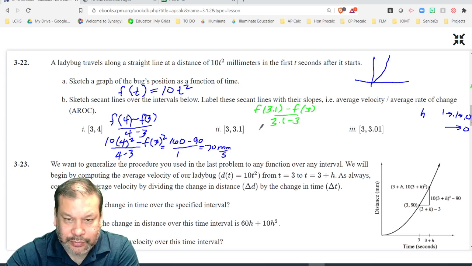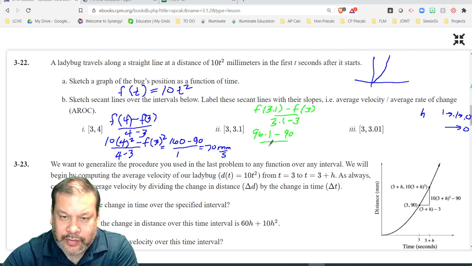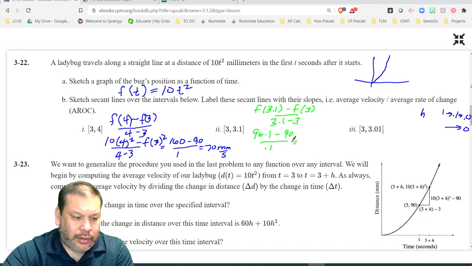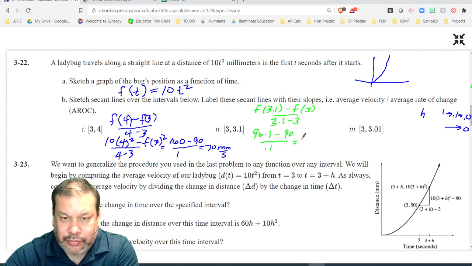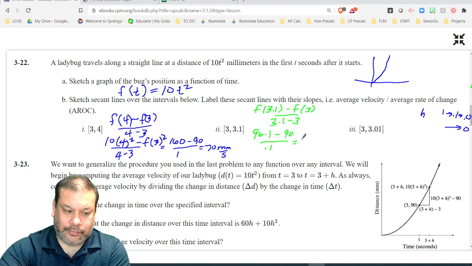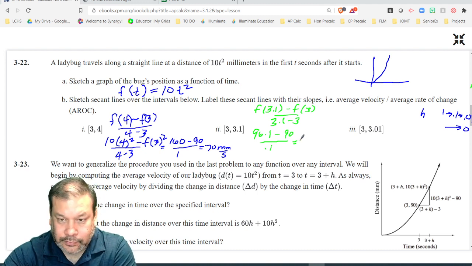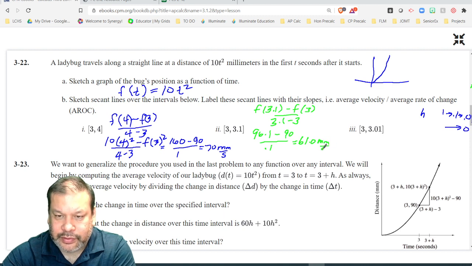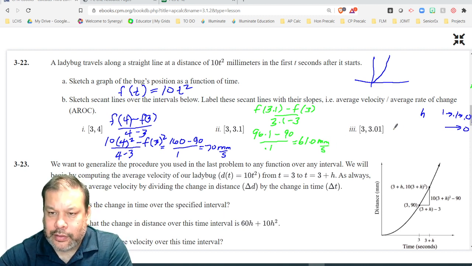We get 96.1 minus 90, divided by 0.1, and you're going to get 61 millimeters per second.